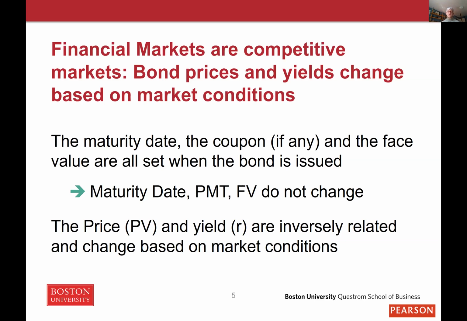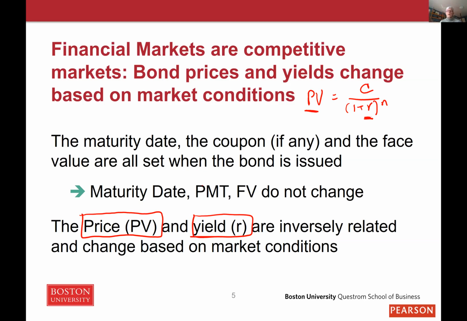If we go back to the present value equation, present value equals C over (1 plus R) to the N. If rates change, present value changes. In the bond market, the present value is the price and R is the yield.